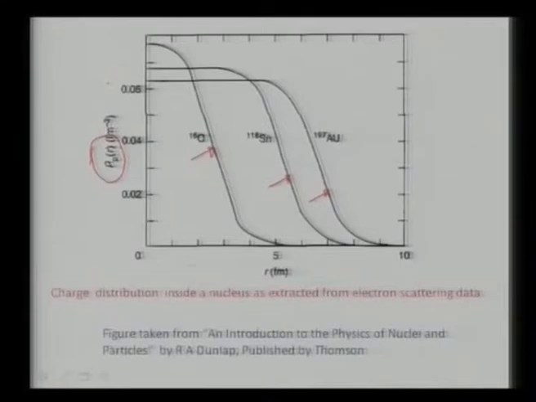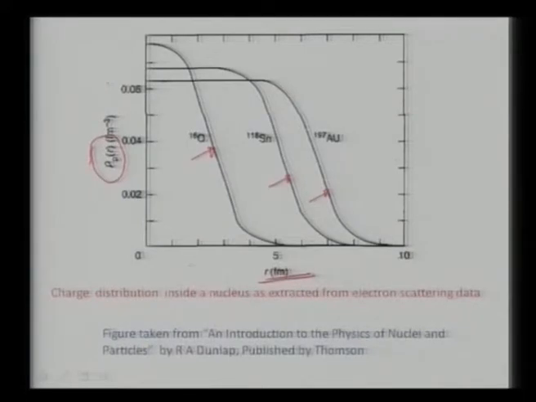So, that is the y axis. On the x axis you have r, that is distance from the center of the nucleus. This is in femtometers, also known as Fermi. So, this is 5 femtometers, this is 10 femtometers, and so on.